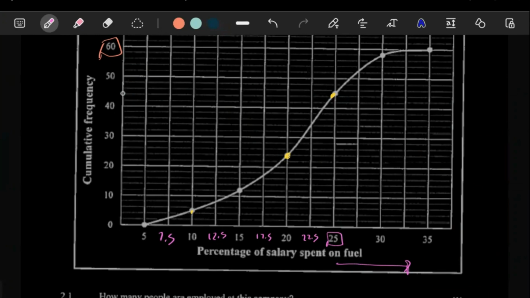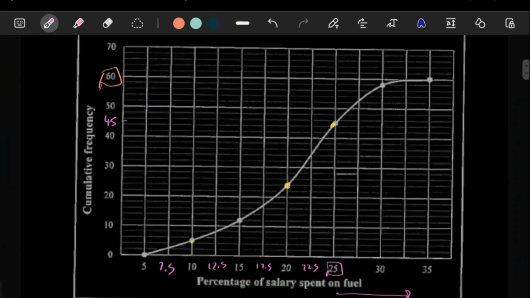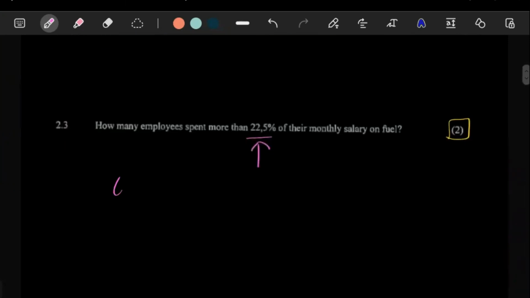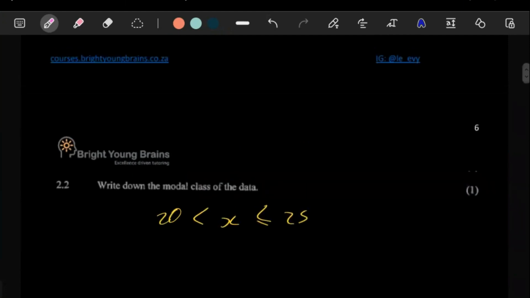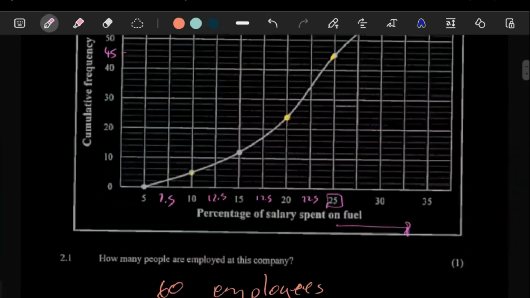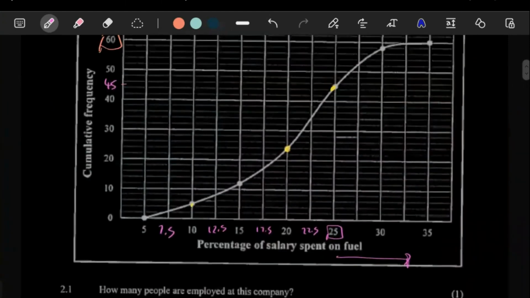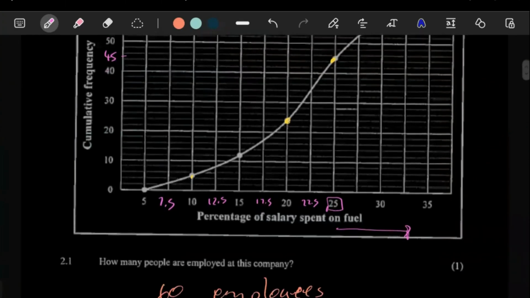So that's like 45. And then going up here to like 60. So you're going to say 60 minus 45. You're going to get there, I think about 15. 15, yeah, it's a 45. Well, one way or the other, we just have to be careful here. Well, no. We have to look at it this way.